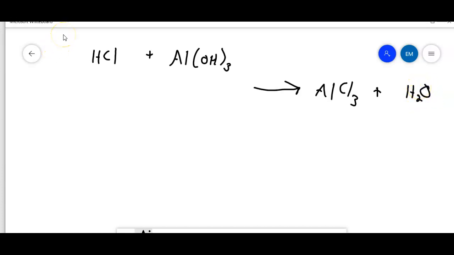First thing you do is you balance the hydrogen and hydroxides. So here you have 3 hydroxides. Here you have 1 hydrogen ion. So you're going to need 3 hydrochloric acids at least. And what's that going to give you? Okay, that's going to give you 3 water molecules. So that's set.